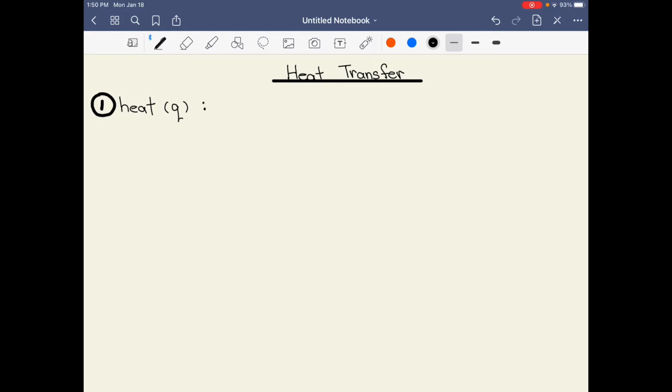And the definition of this is actually nothing more than a transfer of energy. That's right. It's a transfer of energy between objects. And these objects have different temperatures within them.